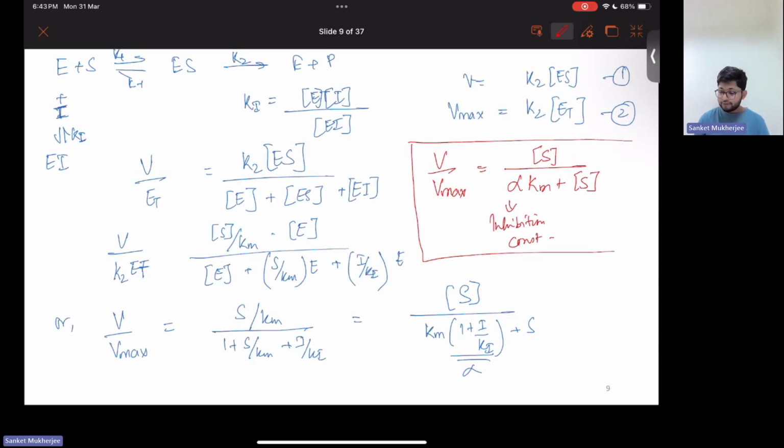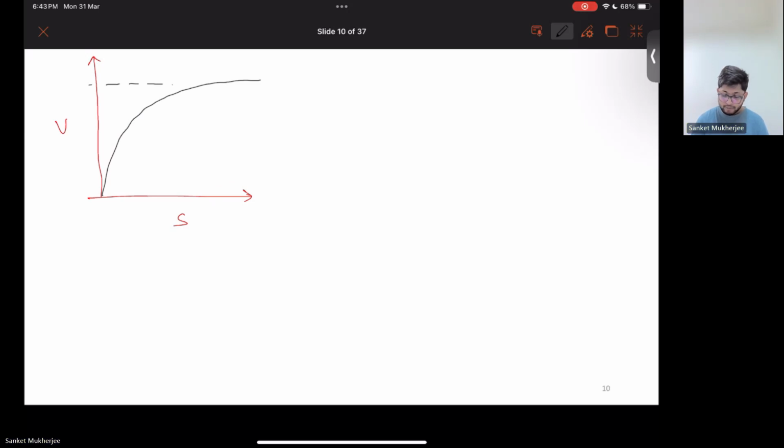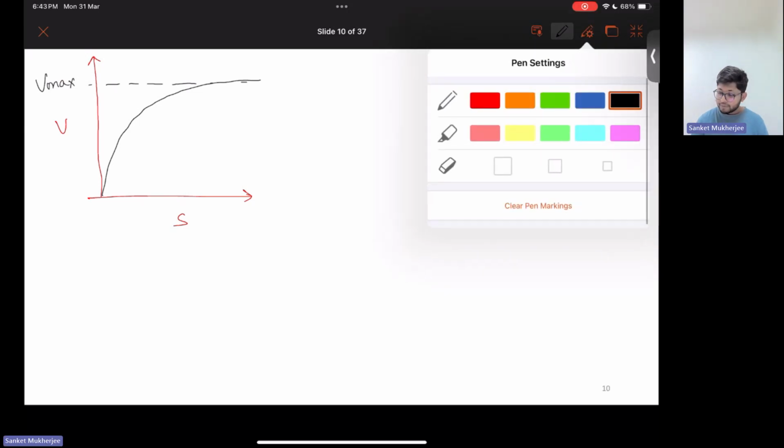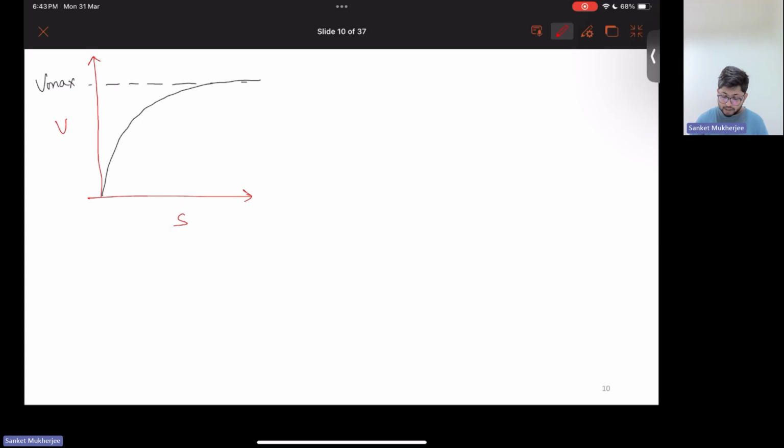If we look at the graph of V versus S, let's say this is V and this is S. If there is no inhibition, we will see a graph like this, and this is, let's say, Vmax. If there is inhibition, I represent it using red, then the graph looks like this.